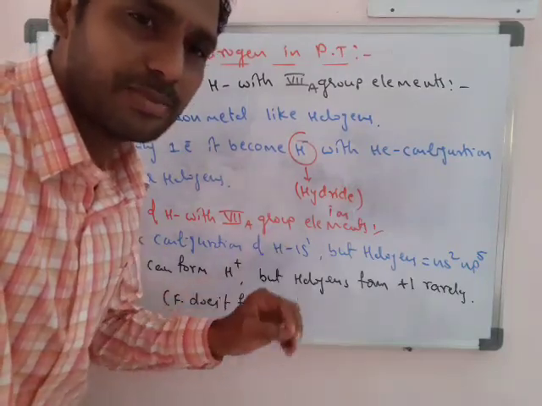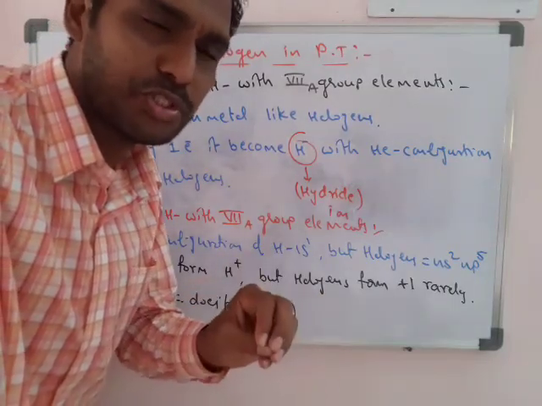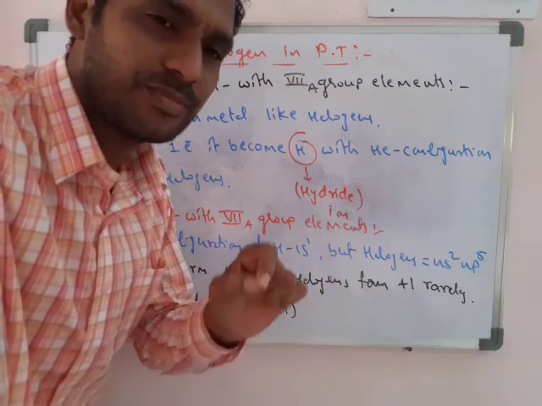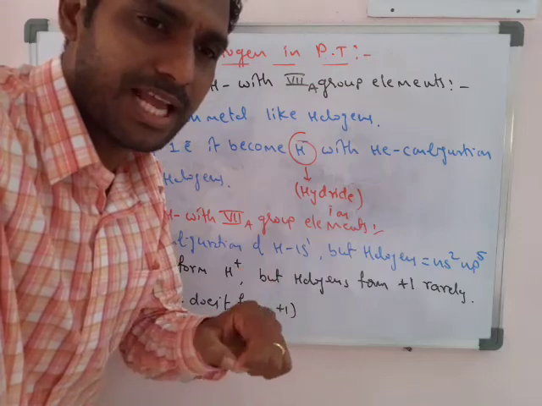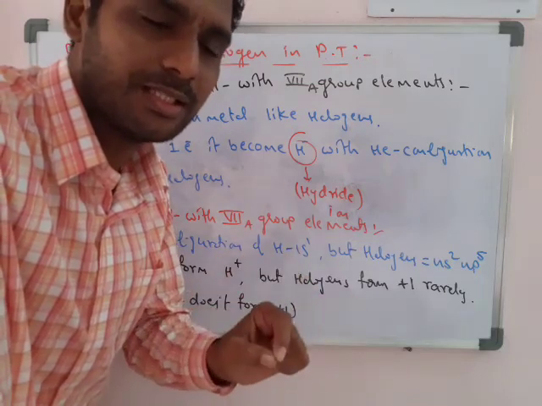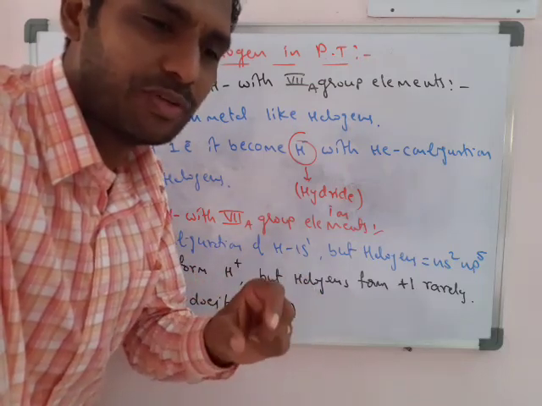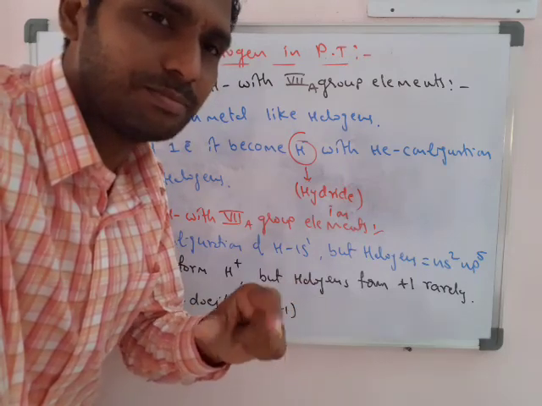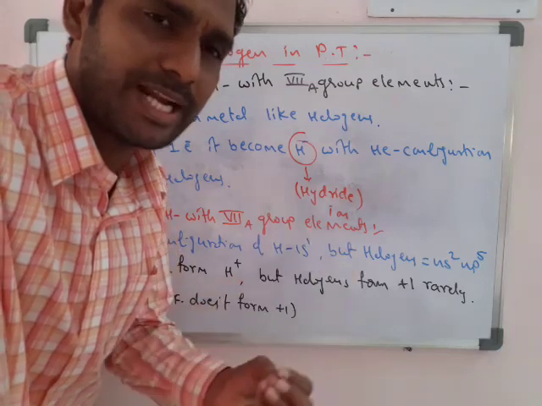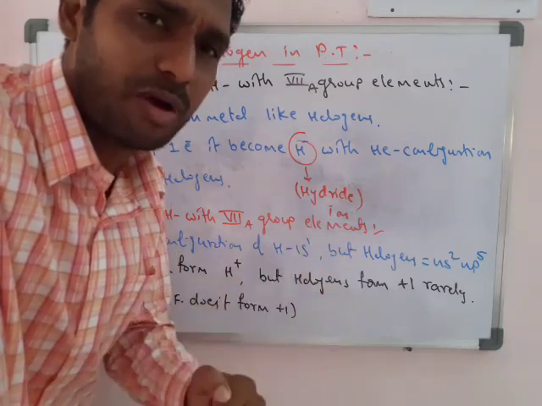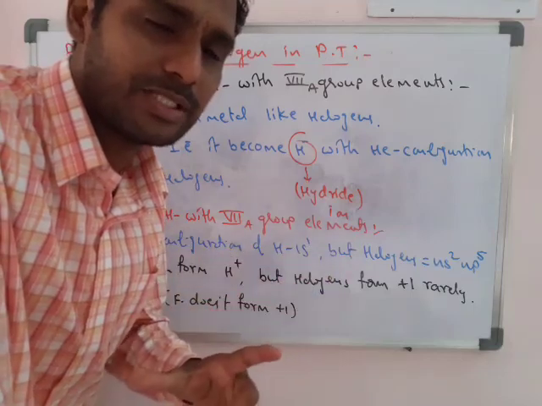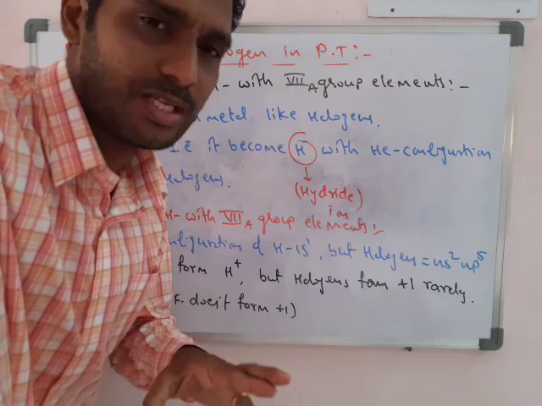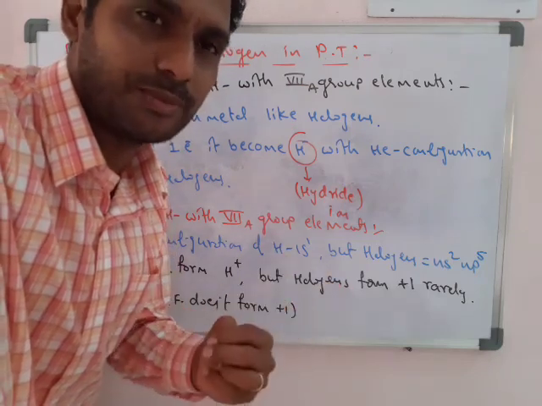With the help of this explanation, we can say that the position of hydrogen is not exactly correctly placed in the long form of the periodic table. Actually, there is no possibility to fix the position of hydrogen correctly. We already discussed that in all periodic tables, not only the long form, even in Mendeleev's periodic table, there is a controversy in the position of hydrogen, because hydrogen was placed in 2 groups.